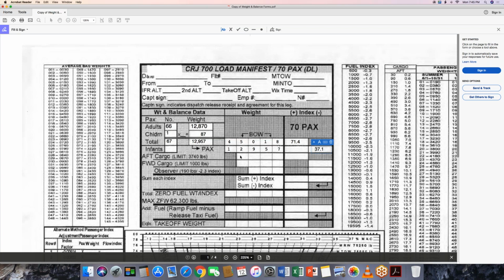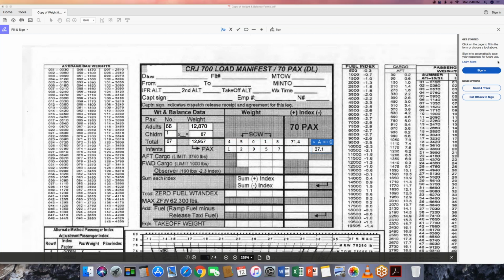Okay, so how do we figure out our aft cargo? How many bags did we have? 115. So you would look on the right side of the fuel index.